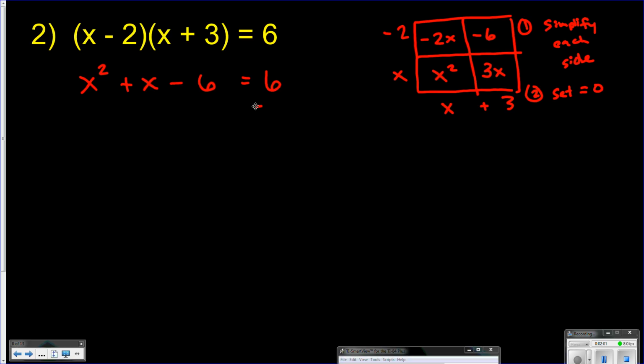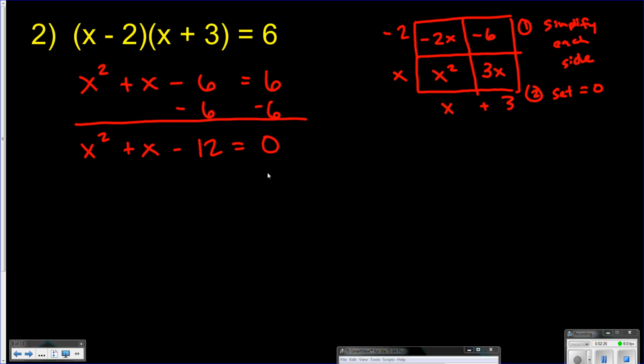Now you need to be careful because this is a negative 6 and this is a positive 6. They're not going to just cancel each other out. Subtract 6 from here, subtract 6 from here, and we'll end up with x squared plus x minus 12 equals 0.